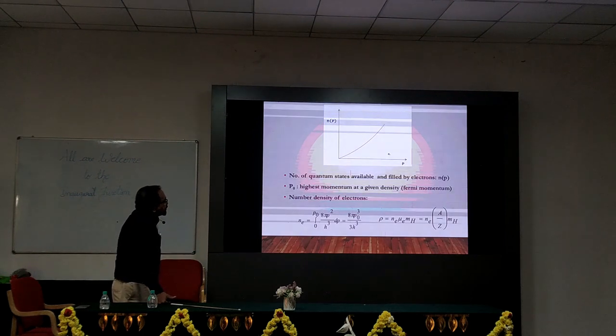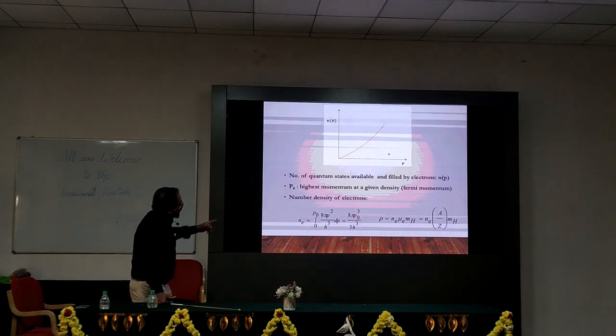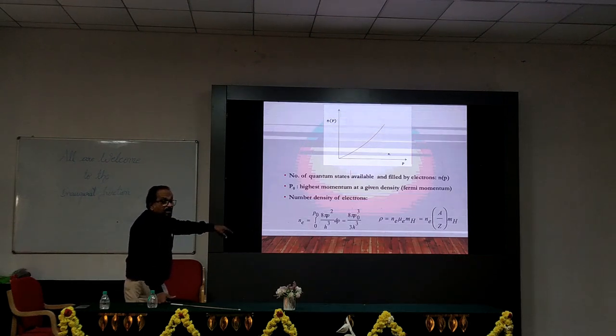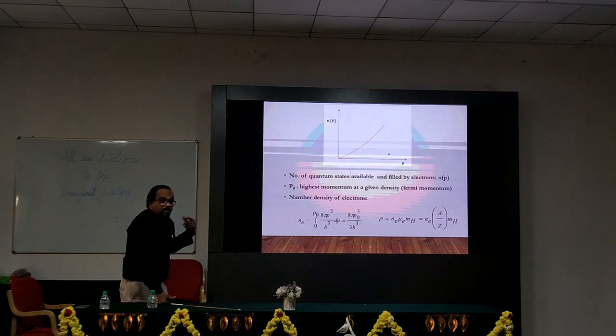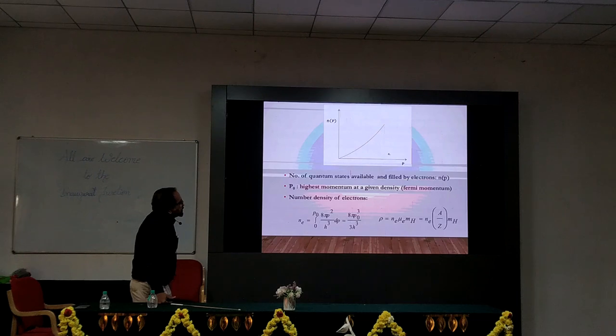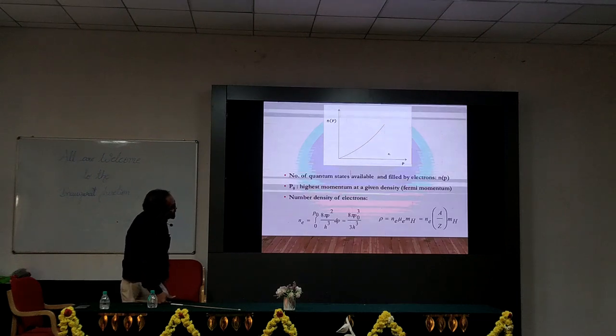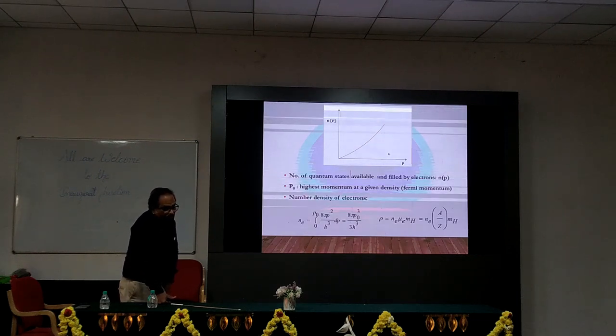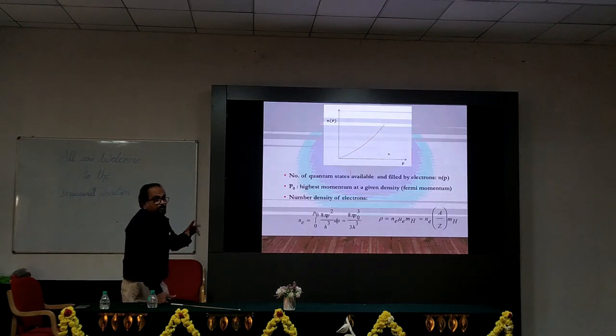So how do you get the mass density? You have the number density of electrons, and you have to calculate the number of nucleons per electron, that is mu E, the so-called molecular weight in astrophysics.